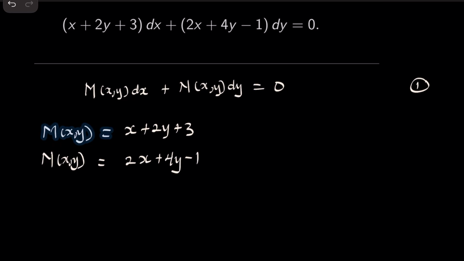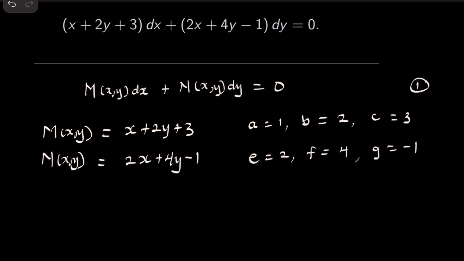We now compute our coefficients. So we are going to have a equal to 1, b equal to 2, and c equal to 3. And also we have e equal to 2, f equal to 4, and g equal to minus 1.